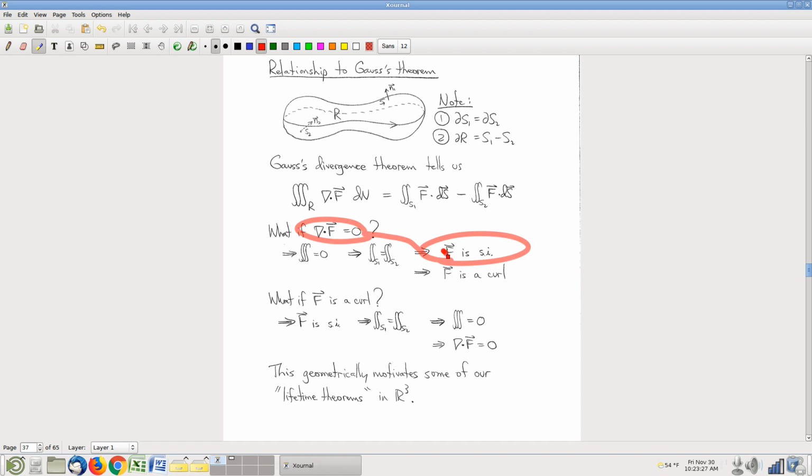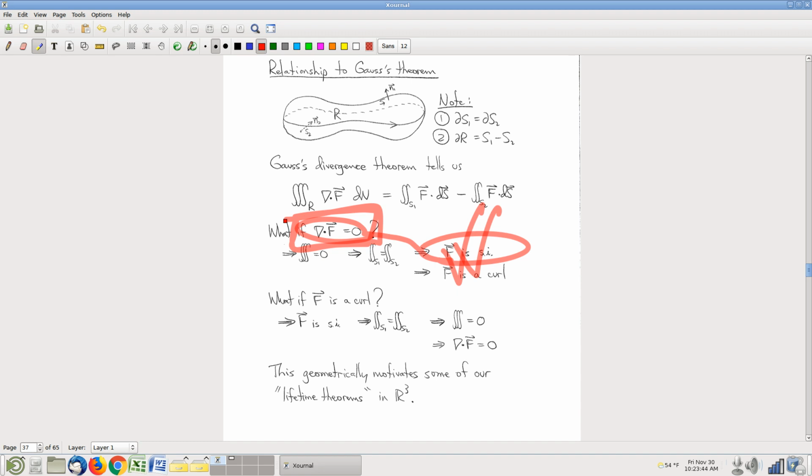So this wonderful property, this very powerful computational tool: toss your surface. You don't need to keep that surface. Switch it to any other surface as long as you don't move the boundary.